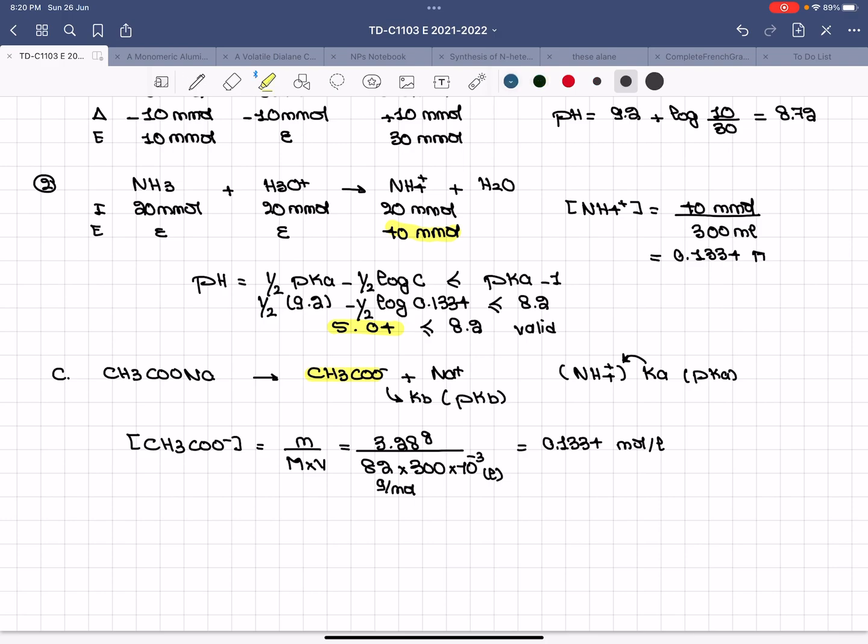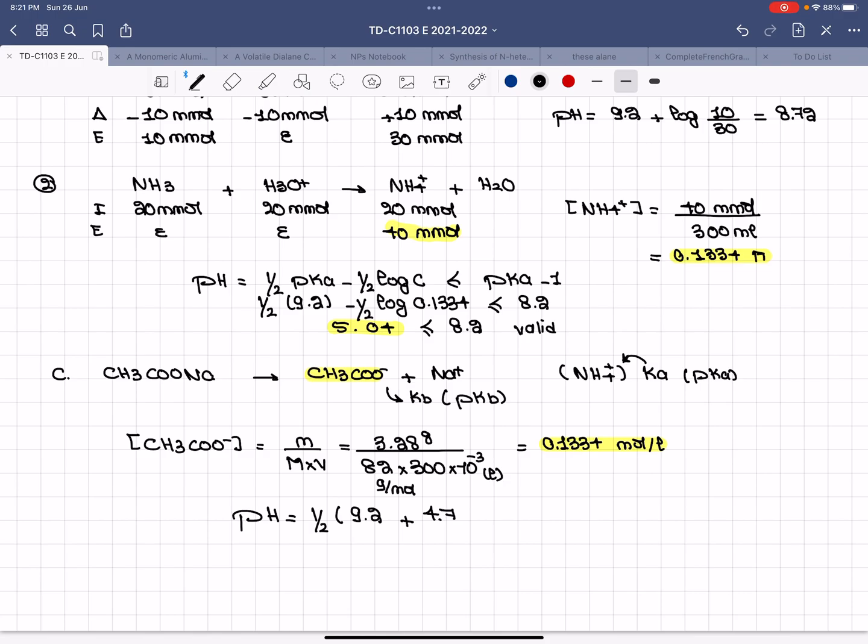Pay attention that the concentration of the base added is equal to the concentration of the acid present, and the pKa of NH4+ is approximately equal to the pKb of CH3COO-. It means you can say that the pH is equal to half pKa of NH4+, which is 9.2, plus pKa of acetic acid, which is 4.76.